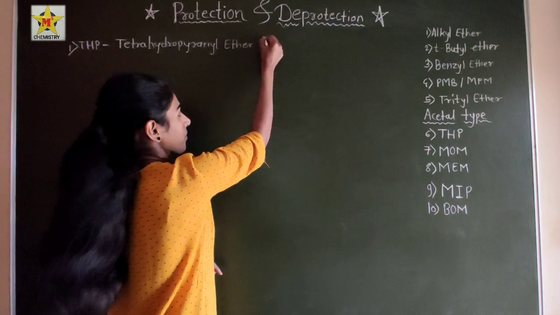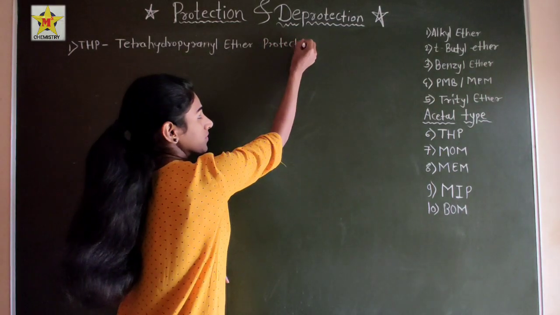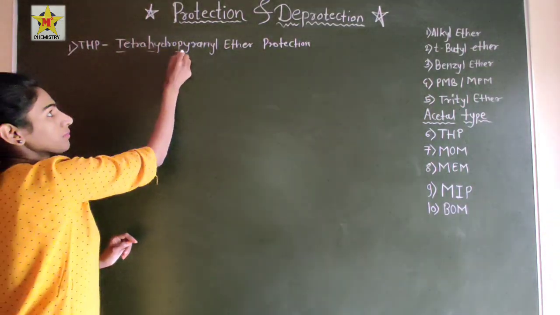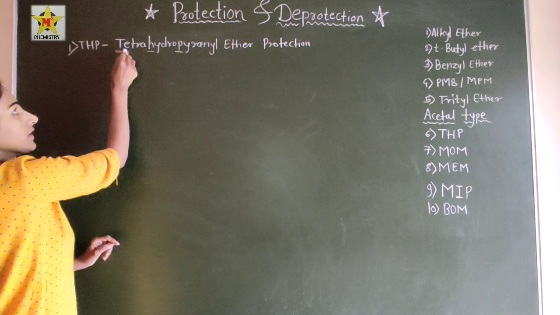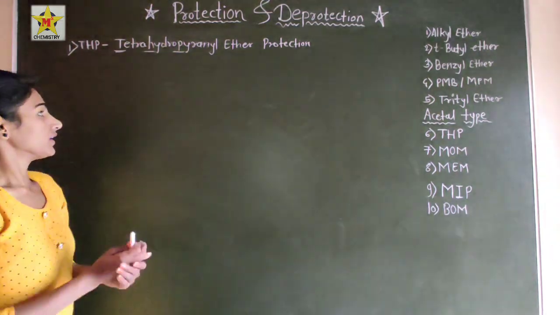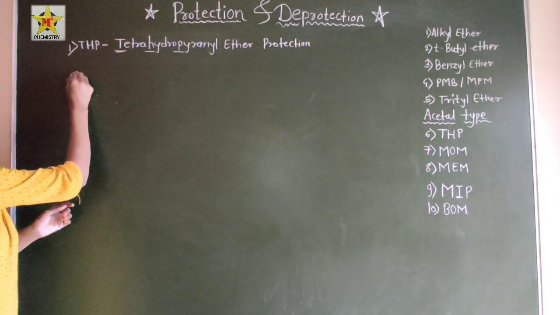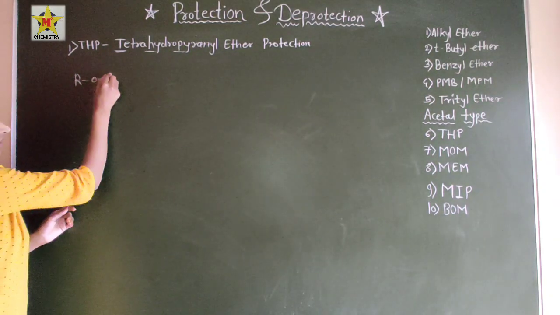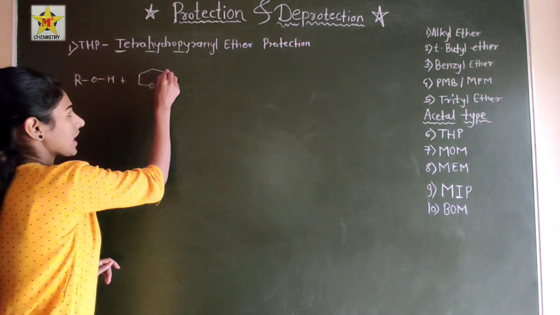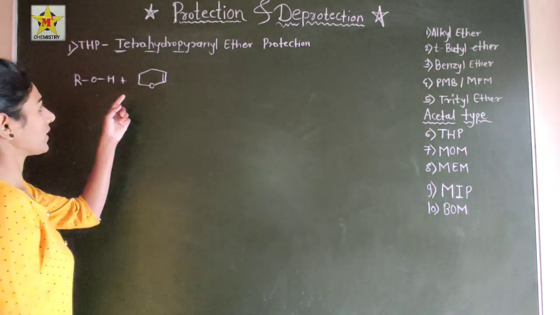For tetrahydropyranyl ether, we require DHP. DHP means dihydropyran. This is called DHP, dihydropyran.